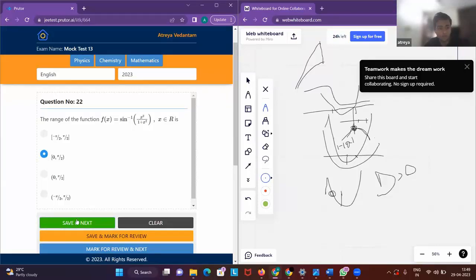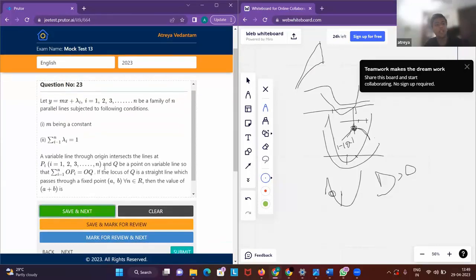Okay, y is equal to mx plus lambda i. So there are many parallel lines such that the sum of the constants, the sum of the lambda i's, is 1. A variable line passes through the origin. Okay, so let's draw.